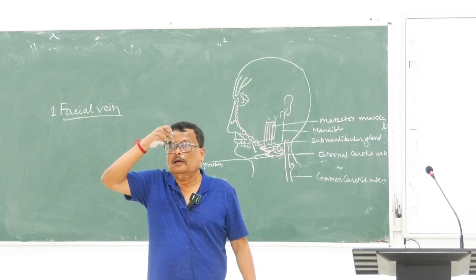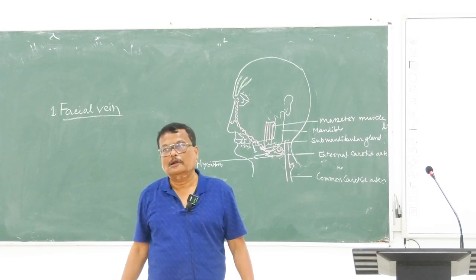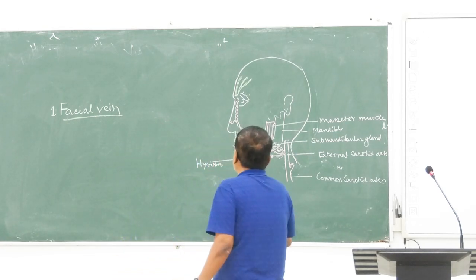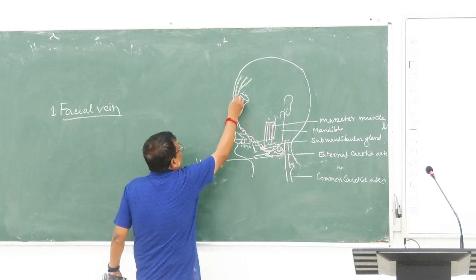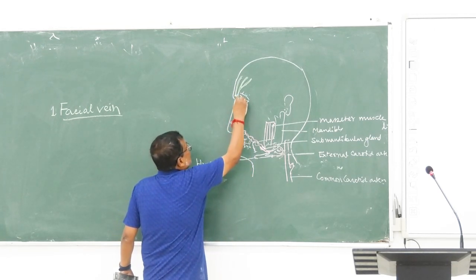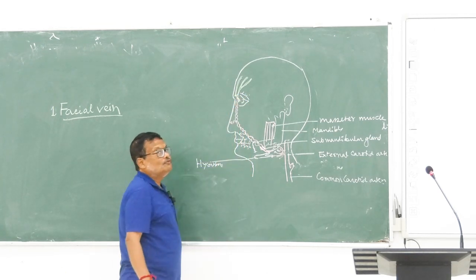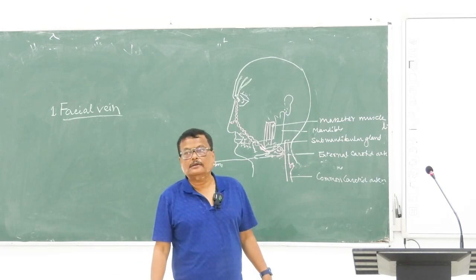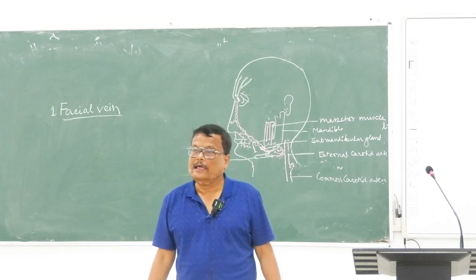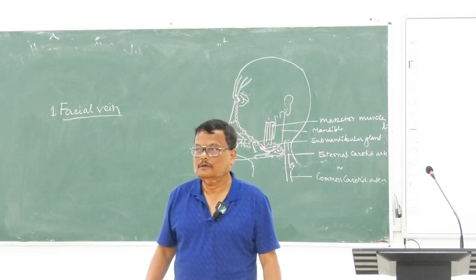Supratrochlear vein and supraorbital vein. The supratrochlear vein and supraorbital form the facial vein at the angle, medial angle of the eye, like the artery.